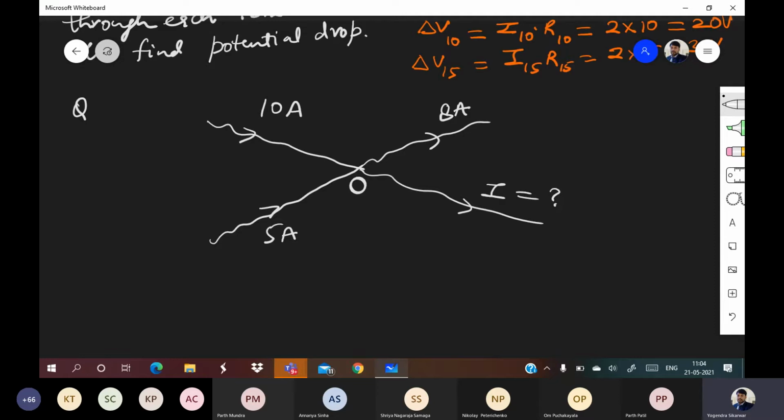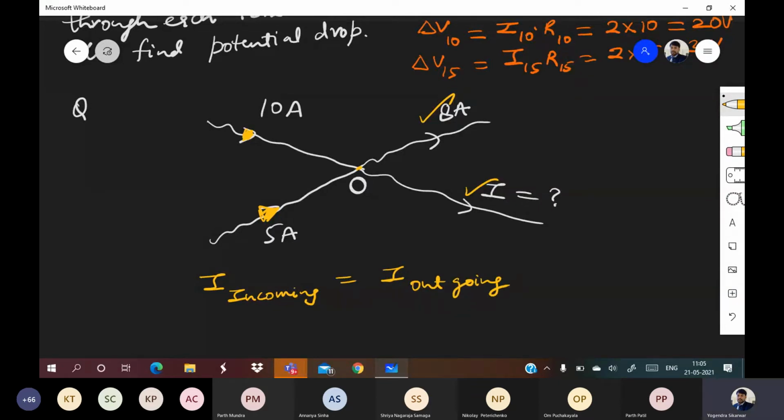All right, everyone, please pay attention. What we are observing here is that through these two branches, current is coming, and from here and here, current is going. Whatever value of current is coming, the same value of current should leave. So I incoming is equal to I outgoing.